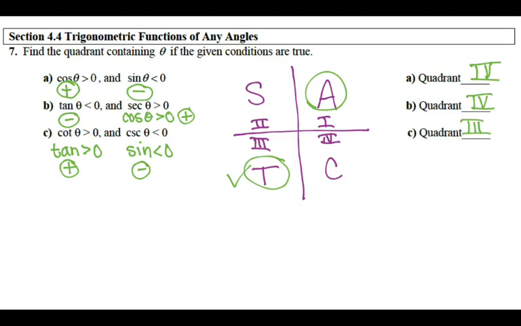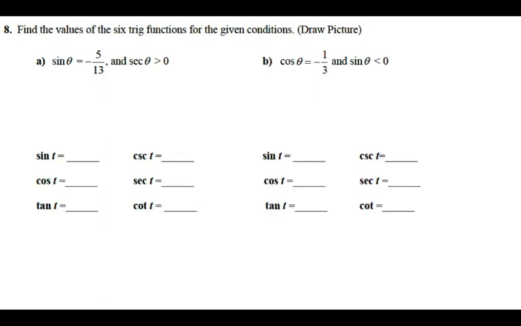All right, last questions. So again, I'm just going to do one of them because, if you can do one, you can do the other one. Let's see, which one's the more complicated of the two? I'm going to do letter B. So at letter B, I have cosine is negative 1/3, so I know cosine's negative. Sine is less than 0, so sine is also negative.